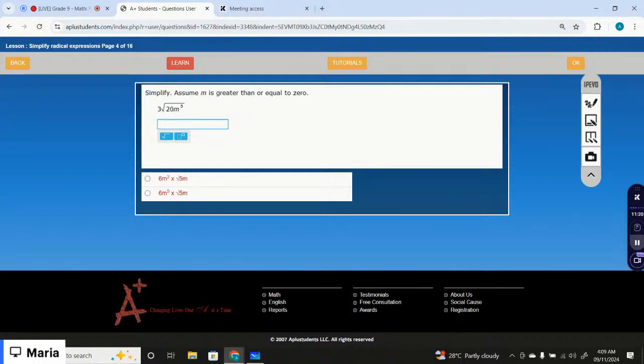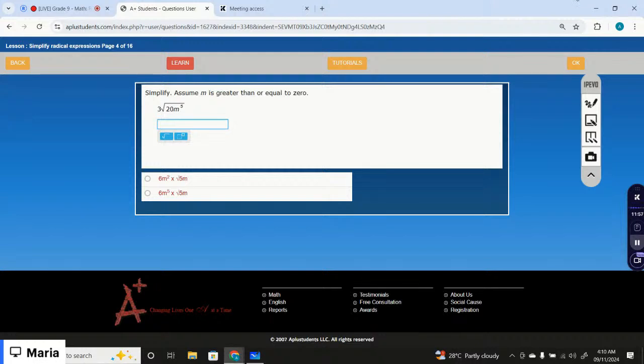Simplify 3 square root 20 m5. So which is the correct option?